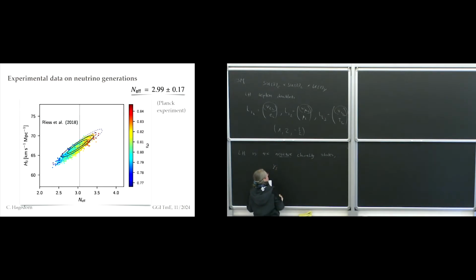This means if you apply gamma 5 to a left-handed neutrino, you will get it as an eigenstate with a minus. And just in parentheses, the right-handed antineutrinos are positive chirality states.